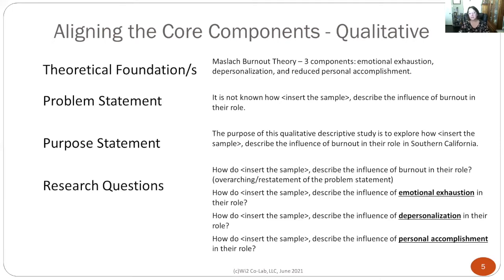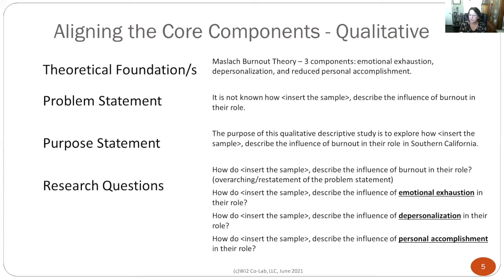So in this case, this person's looking at Maslach's burnout theory. There are 3 components to the theory: emotional exhaustion, depersonalization, and reduced personal accomplishment. Now, when you're looking at the theoretical foundation, you will notice it also has an instrument.